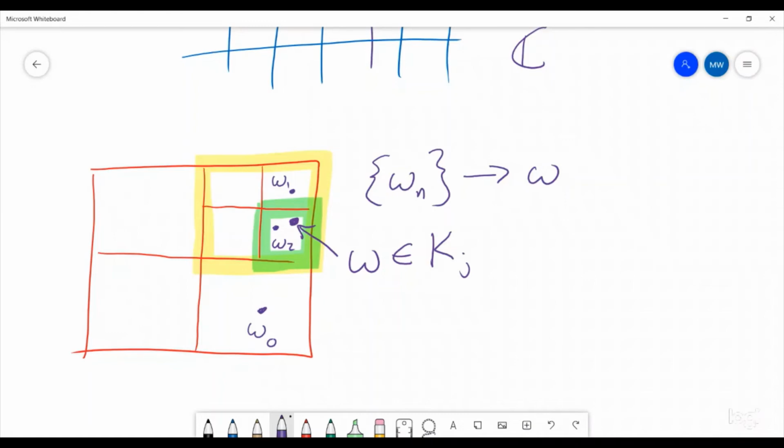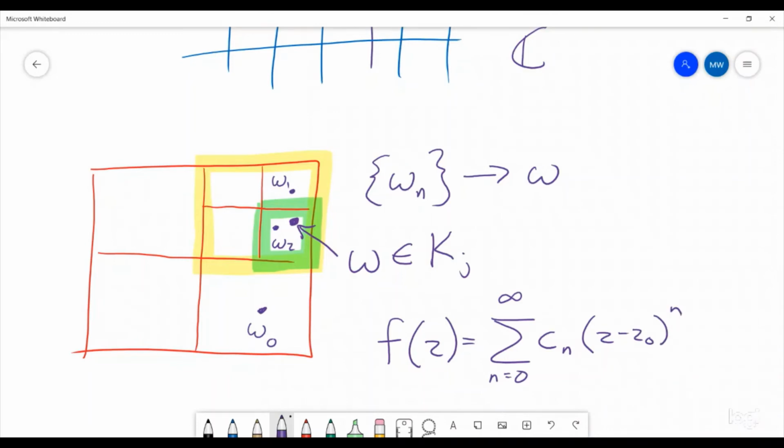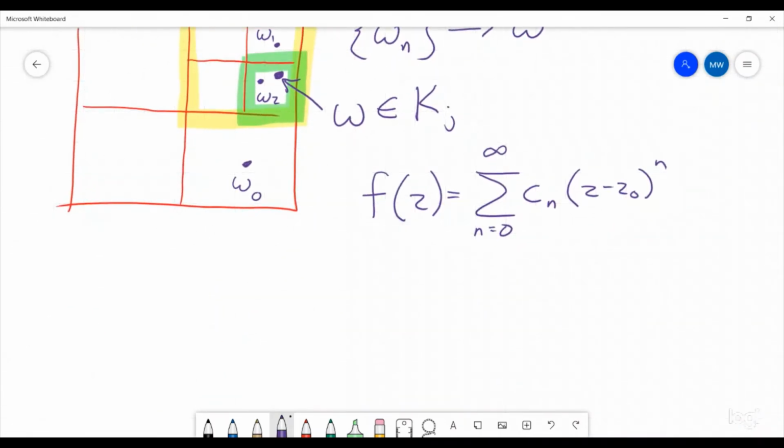Okay, now what's special about this sequence? Well, this sequence satisfies the very nice property that, remember, because we know that f of z is equal to the sum from n equals 0 to infinity of cn times (z minus z naught) to the n, let's look at what's the nth derivative of f.